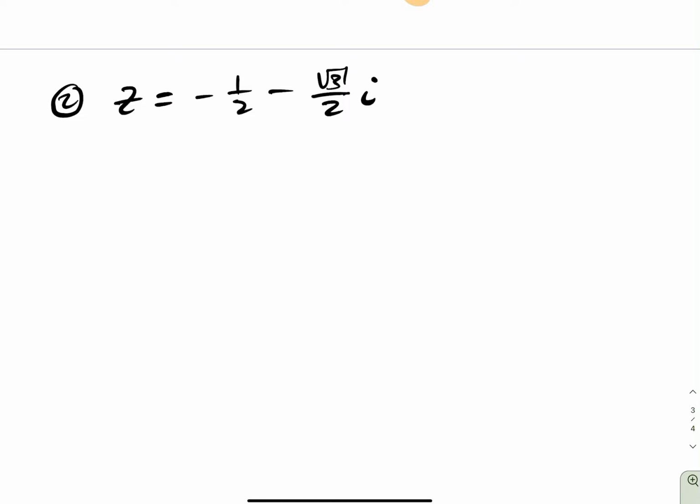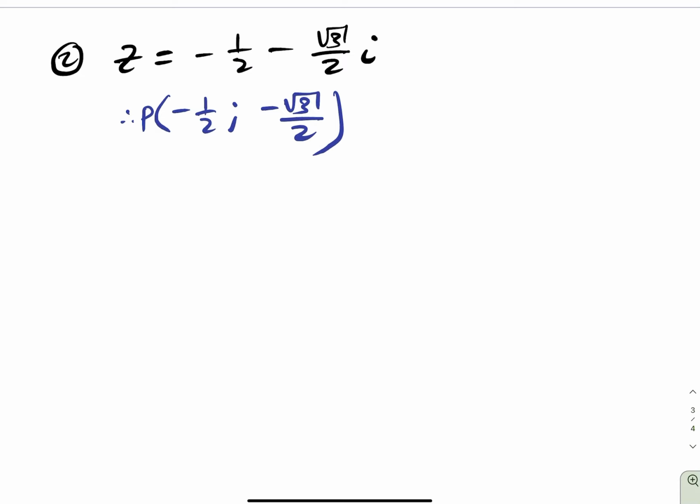So you need two things. That is your modulus or absolute value of z, which is your r. But it makes more sense if you graph these points properly. So I'm going to say, let the point P be negative 1 over 2 and negative root 3 over 2 there. So you can graph this situation.